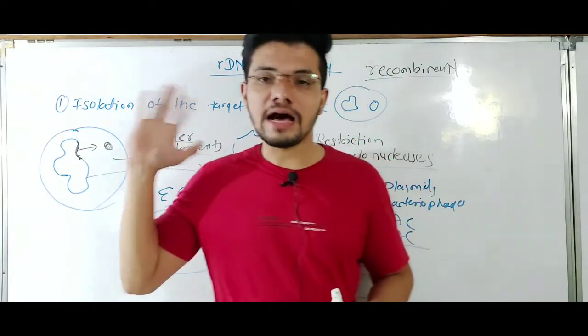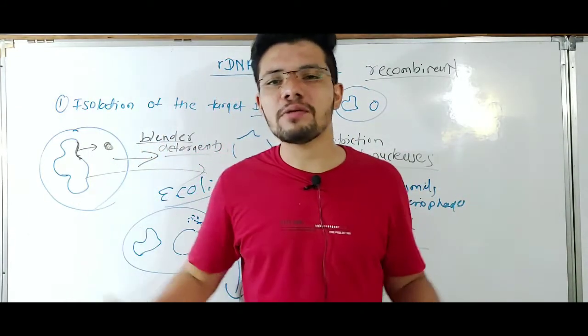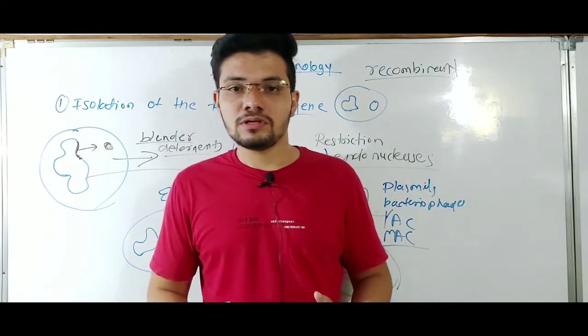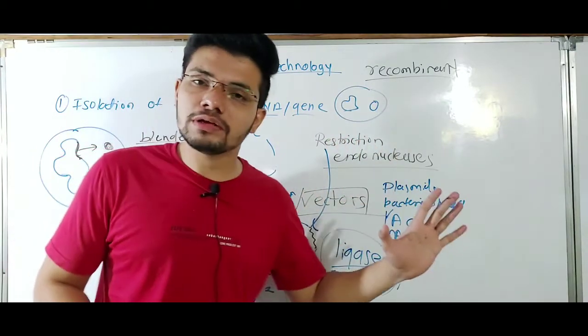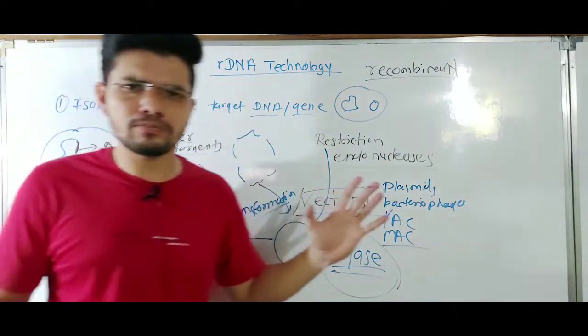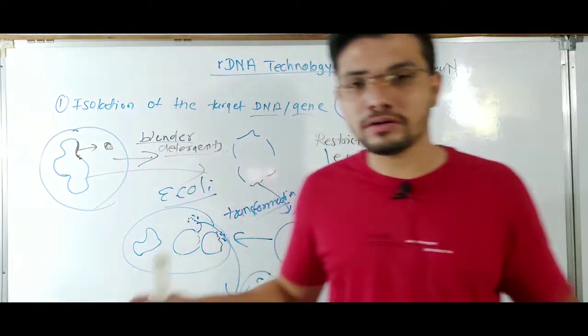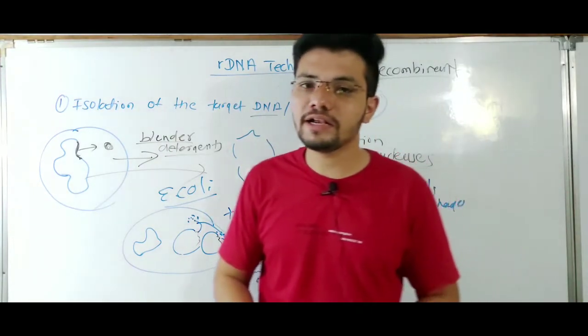That's why rDNA technology helps the pharmaceutical industry very much. So this was all about rDNA technology and the steps involved in it. I hope I have covered all the steps involved in rDNA technology.